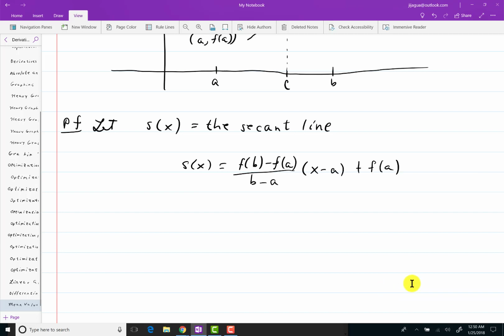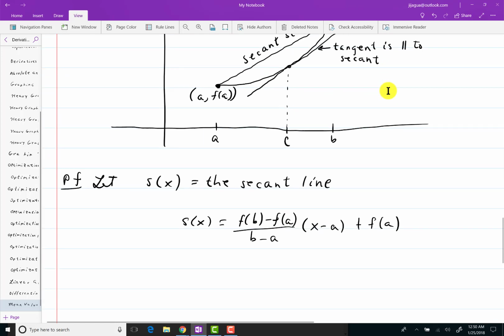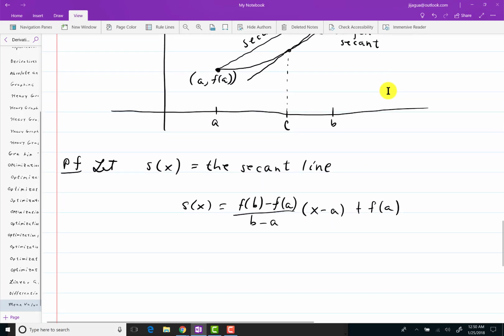And this should look very familiar to the linearization, which has a lot to do with that secant line. Think of this as your f prime of something, or just m. You have an m, change in x plus y. On the other hand, the tangent line has a slope f prime of c.